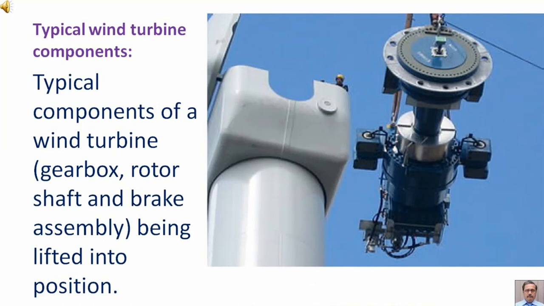Typical components of a wind turbine, that is gearbox, rotor shaft and brake assembly, being lifted into position.